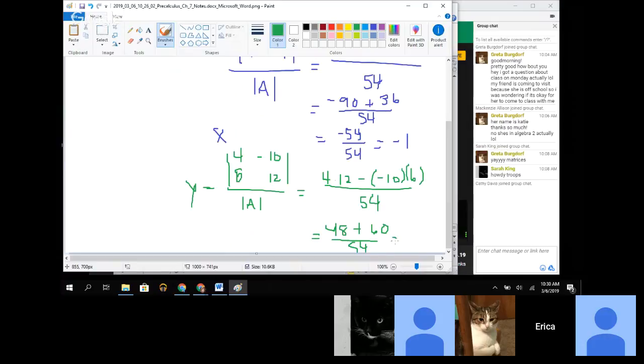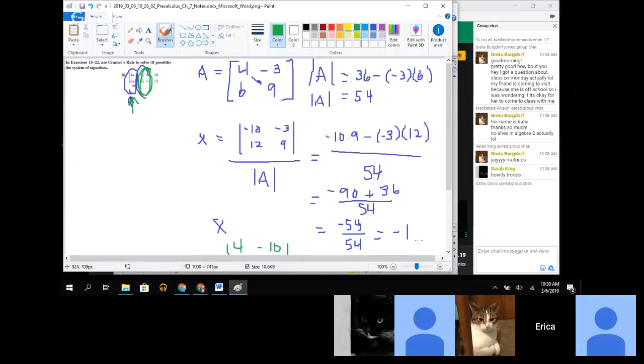And if you do the math, you get 108 divided by 54, which is 2. So y equals 2. So the solution to that equation is -1, 2.